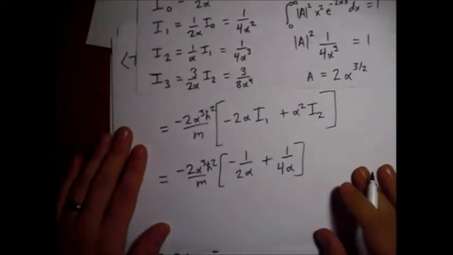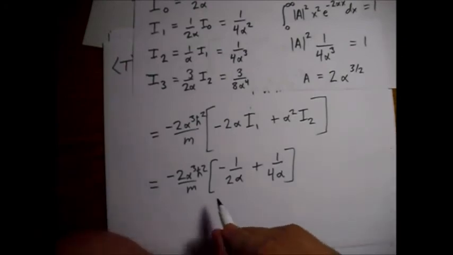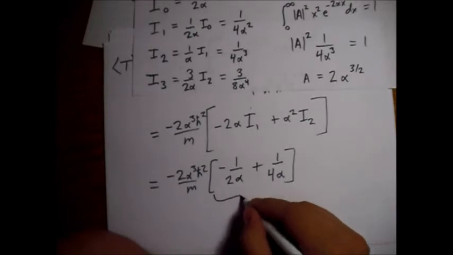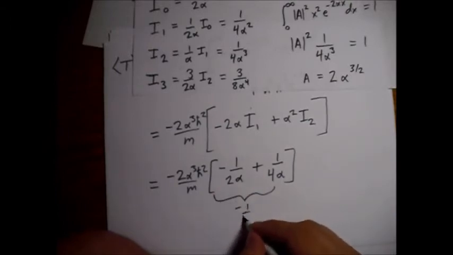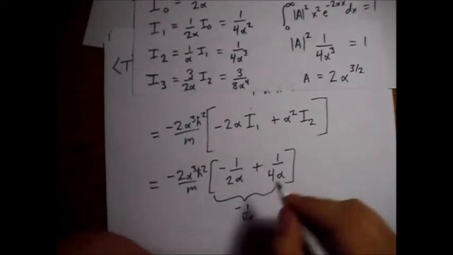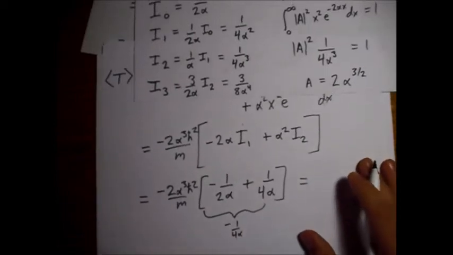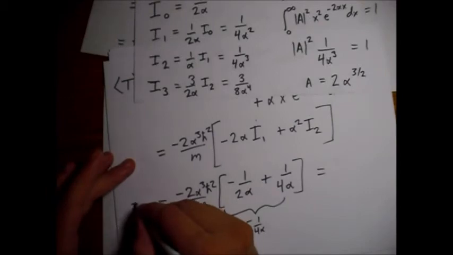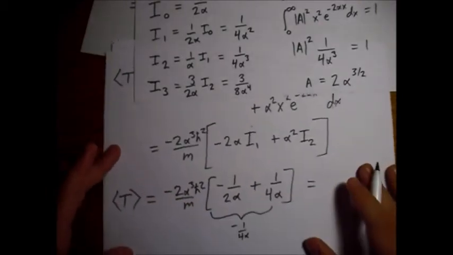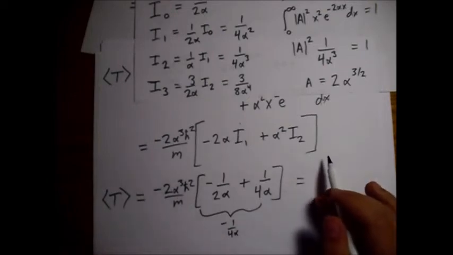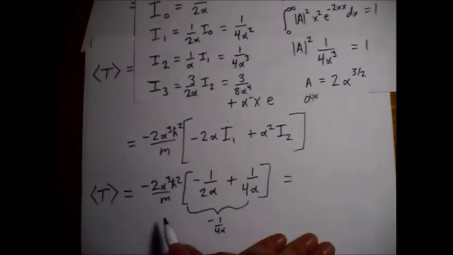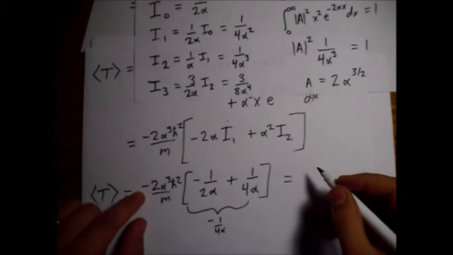Okay, so this obviously comes out to be a minus 1 over 4 alpha, leaving us, again, for the expectation value of the kinetic energy, this minus sign is going to go away.